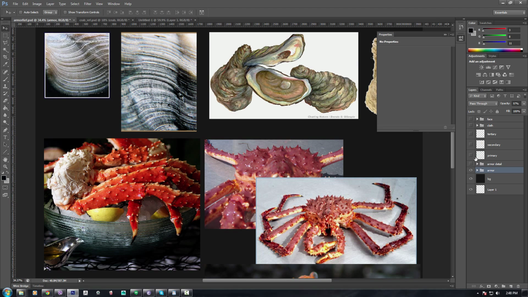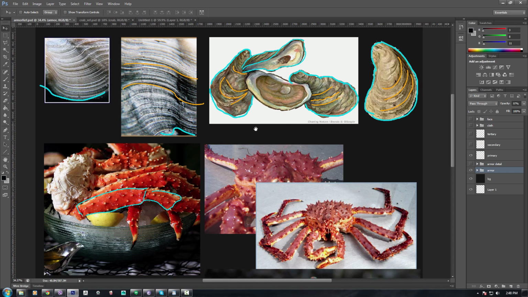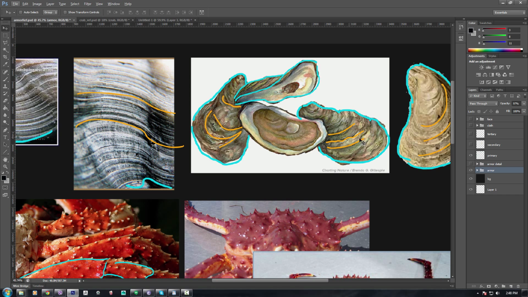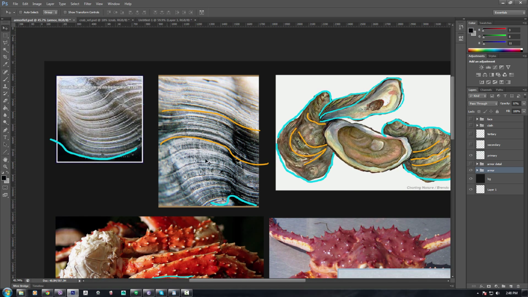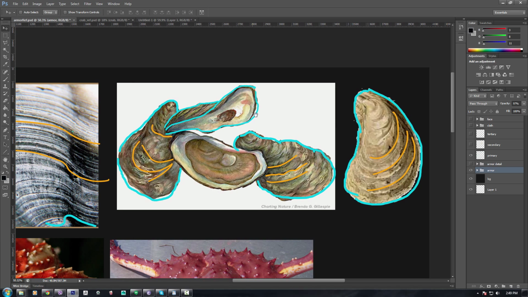So I painted these primary forms on the reference which I have. In blue you can see all the primary forms which I have painted. You can see in the reference that these primary forms are only affected by the silhouette of any object.